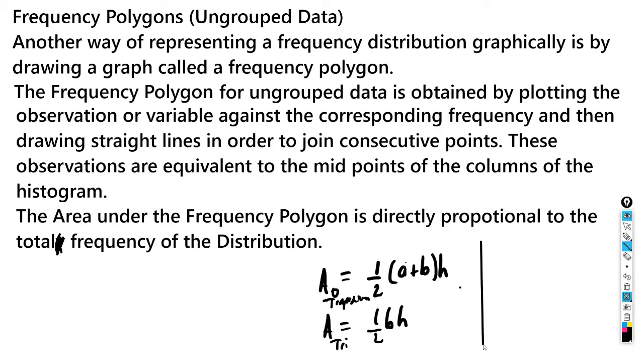All right, guys, so let me just give you an example here of the frequency polygon. The first thing we do is we get the point that's in the base here, and then we plot the midpoints of the histogram.